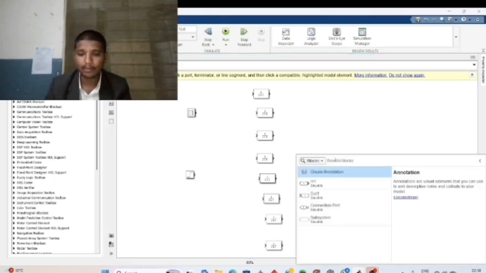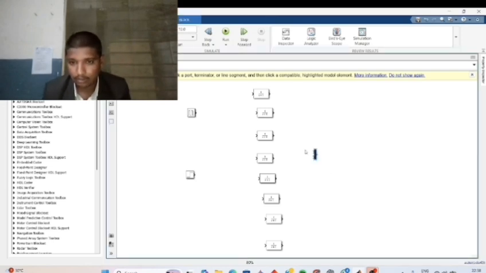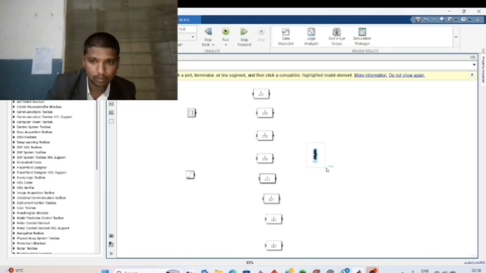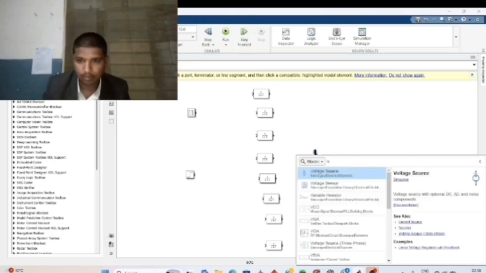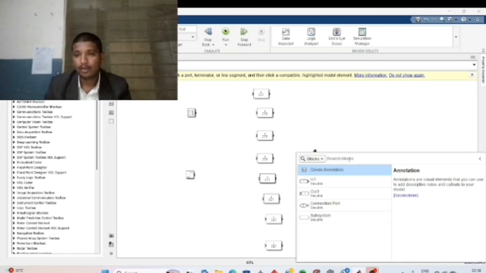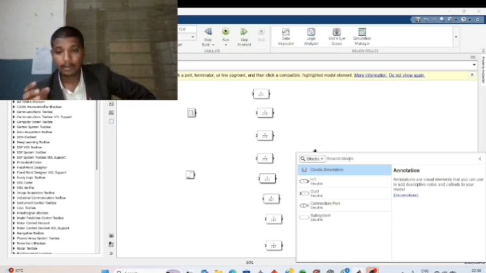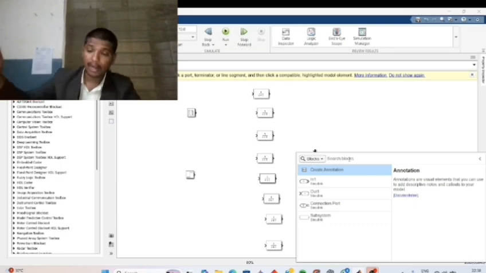Then we will take three multiplexers here, which is mux, and five scopes. Let me tell you about the multiplexer. A multiplexer is a device we use here. A multiplexer takes multiple inputs from a source and gives a single output.